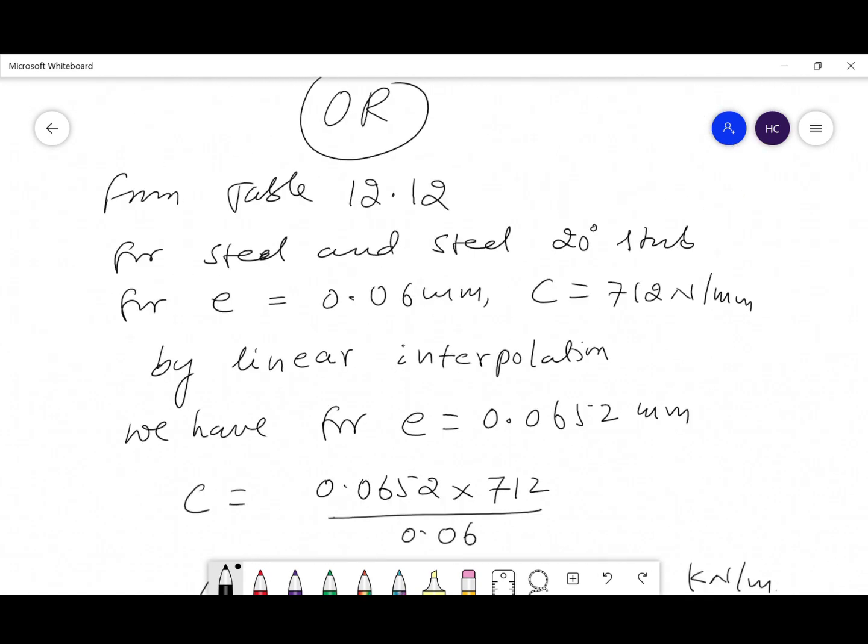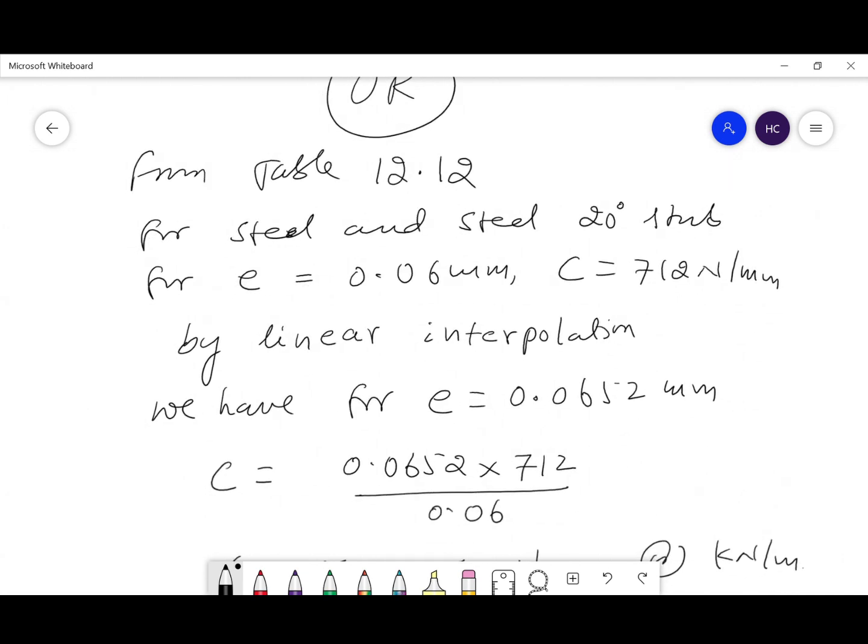That table is suitable only for steel and cast iron materials. Otherwise in the examination, the examiner should specify E1 and E2 values for different materials, like bronze or some other materials.